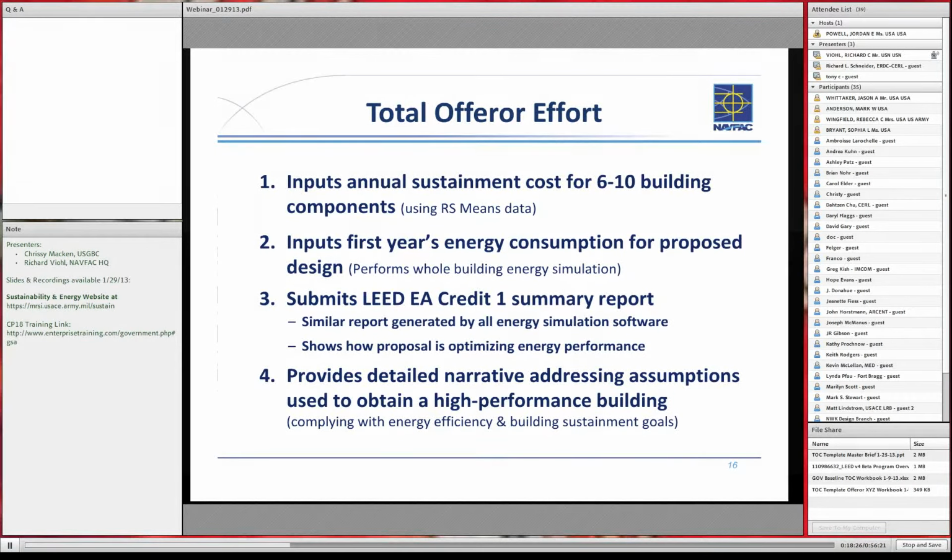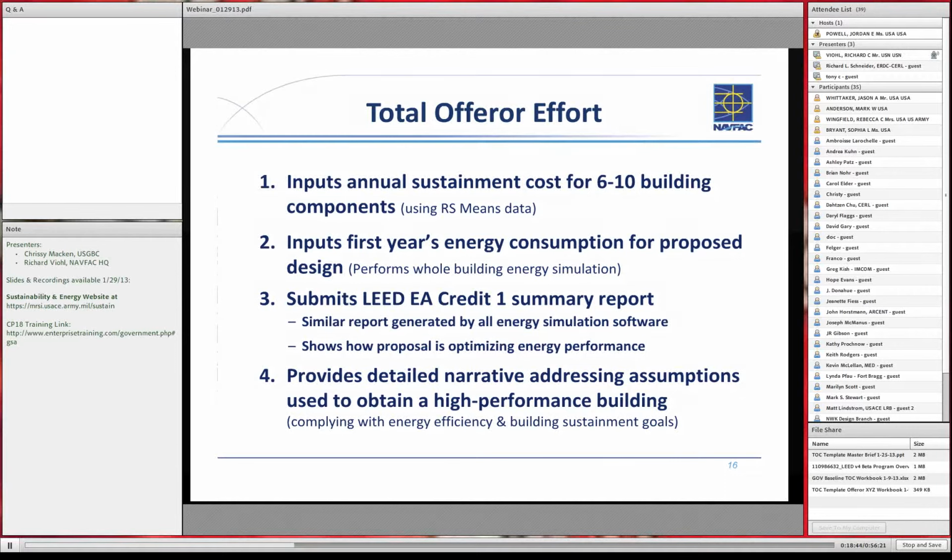So I guess the takeaway here is that you were looking at sustainment costs for 6 to 10 building components and not all of the building. We're looking for input of first year's energy consumption for just those building components that consume energy.